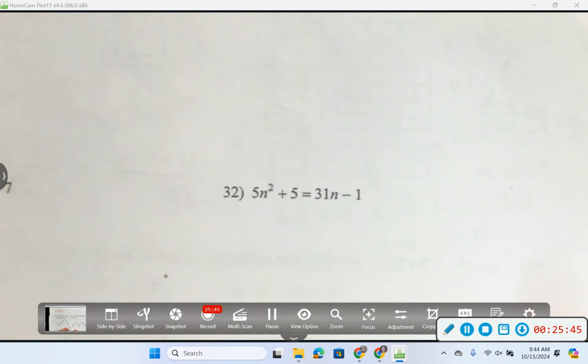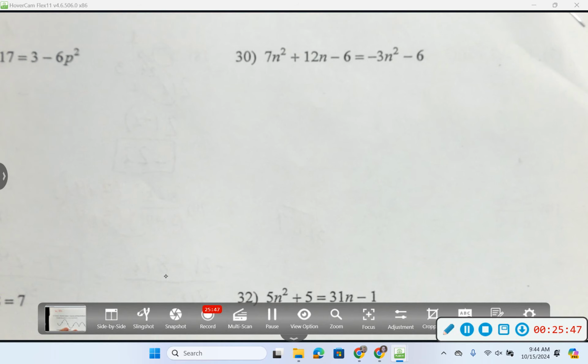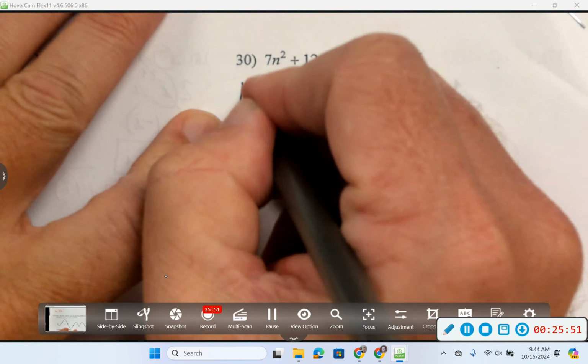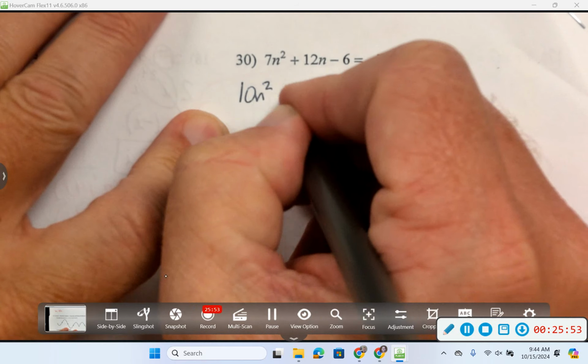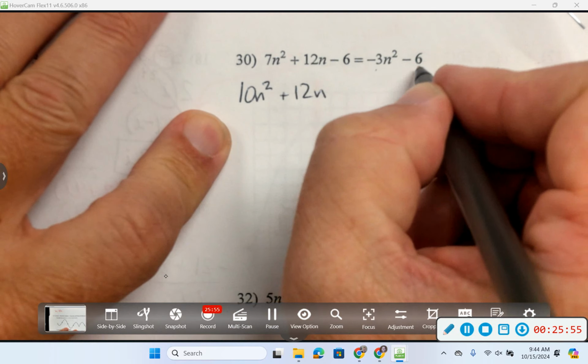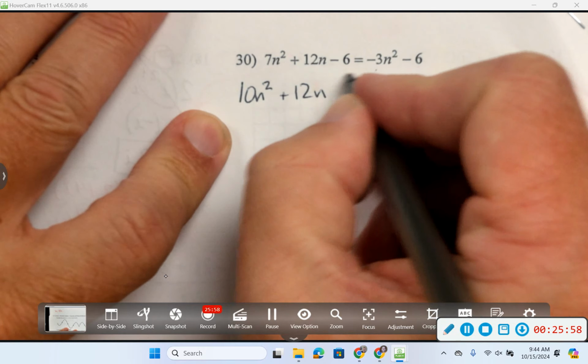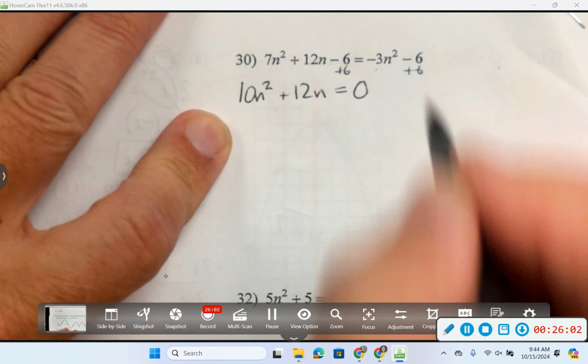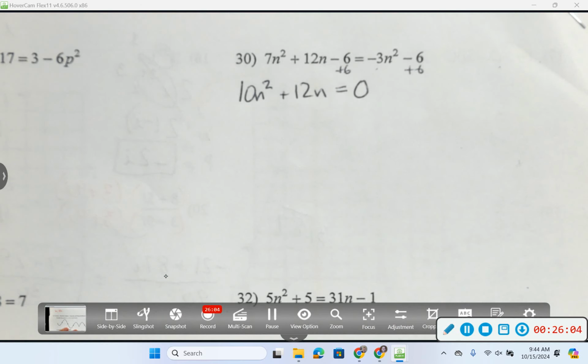Ooh, 30. I got to move some things around here. So move the 3n squared over. Move the 6 over. Oh, that's weird, I guess. Good, I guess. 6's go away. Some people miss this because they don't know how to factor that.